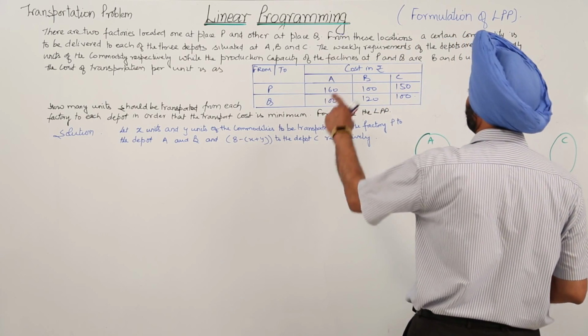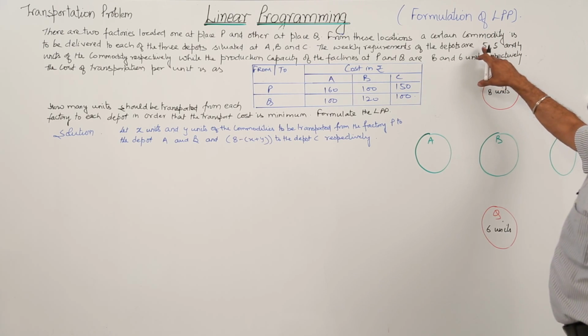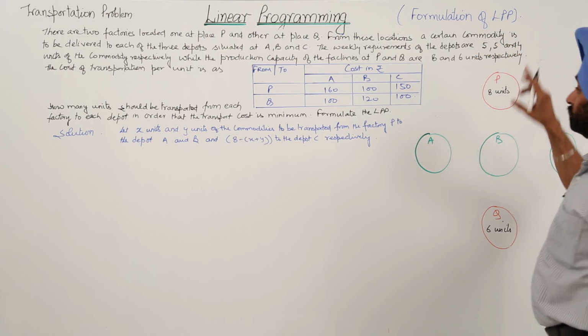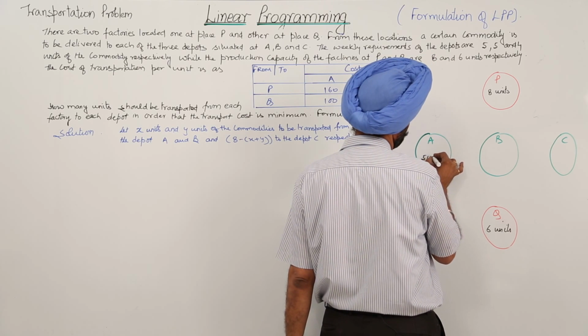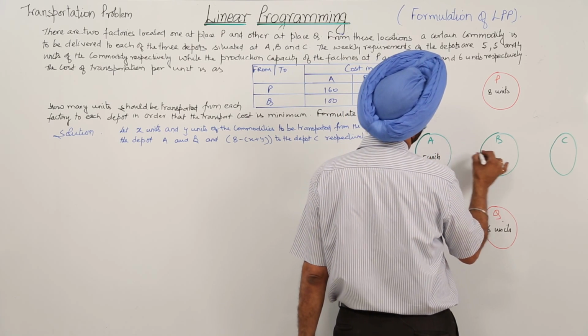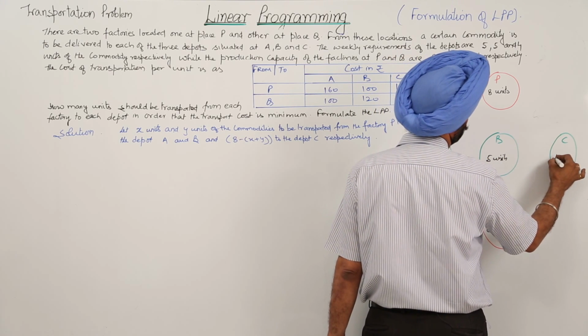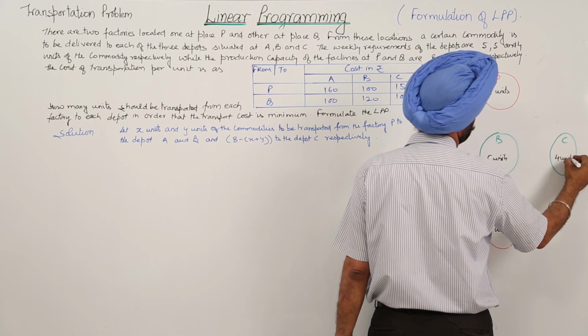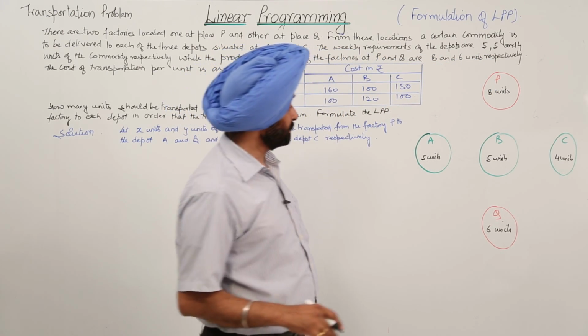For A, B and C we have 5, 5 and 4 units of the commodities. If you make it like this, it becomes a very nice question.